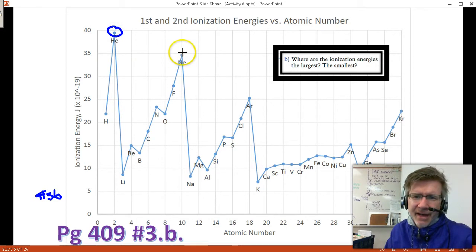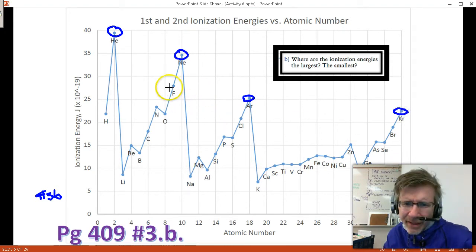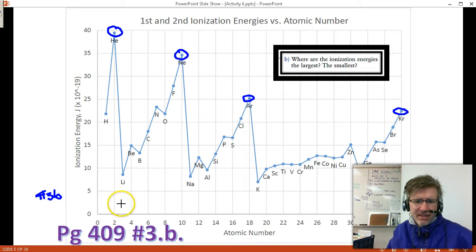And then next, of course, largest is neon, and then argon, and then krypton. Those are the largest. I guess actually fluorine is a little bit higher than argon and krypton, so we might need to circle that one, but those are definitely the peaks. So now let's check this out. Where are the smallest?